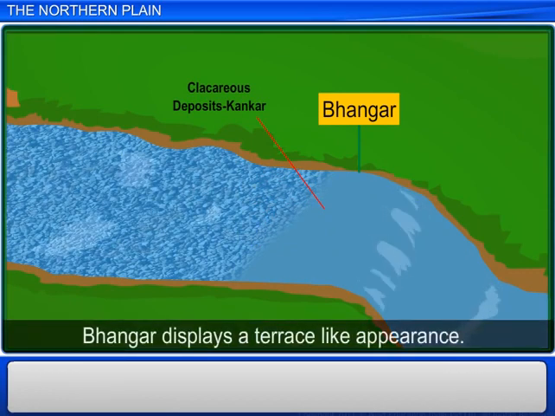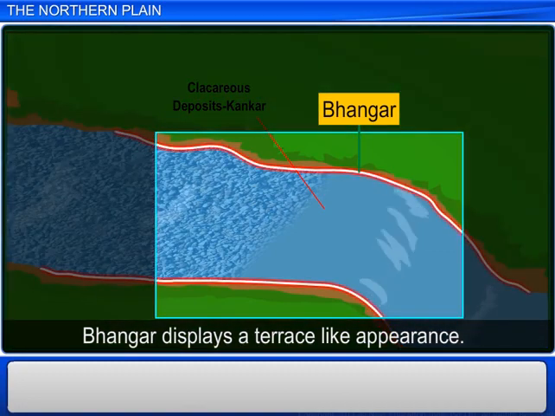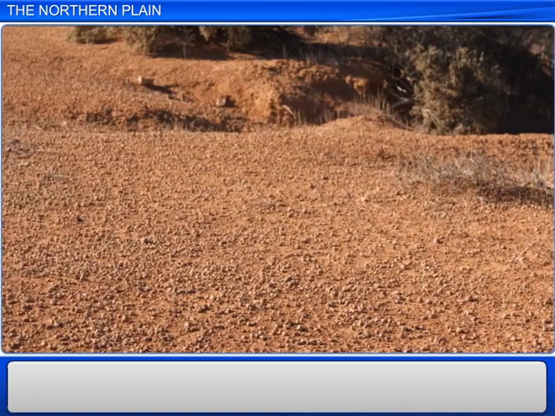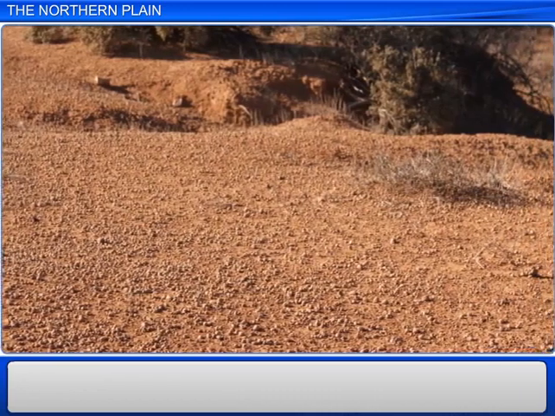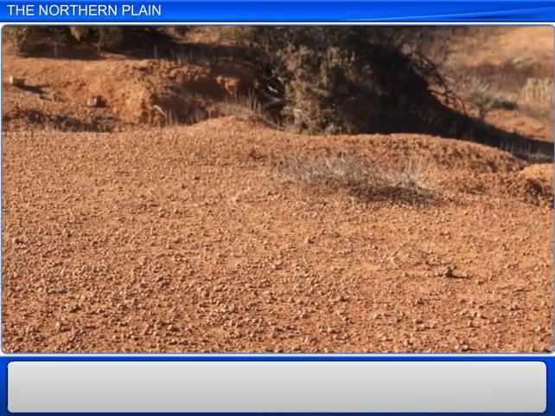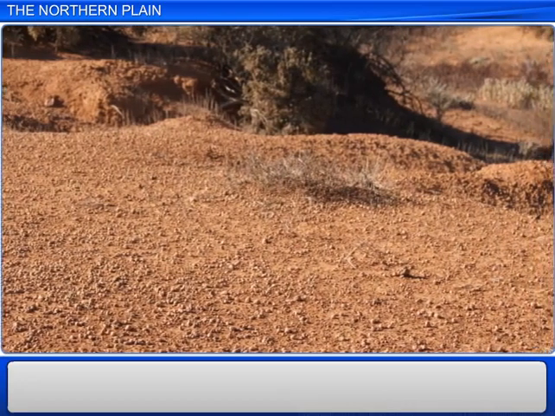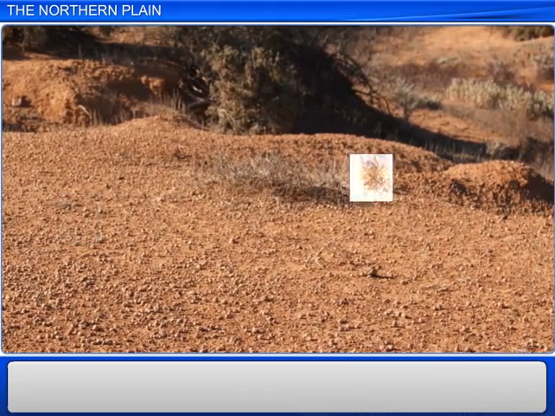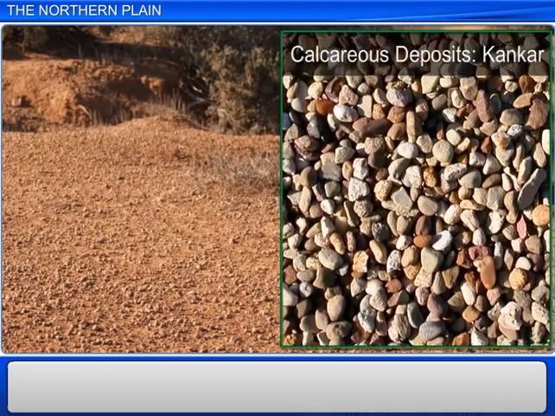It, therefore, has a terrace-like appearance. The soil in the Bhangar region contains calcareous deposits. It forms sheets across the alluvial plains. In India, these deposits are called kankar.